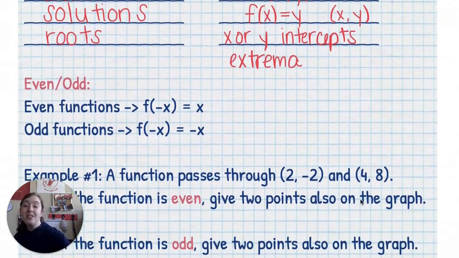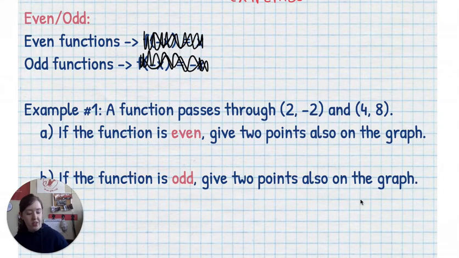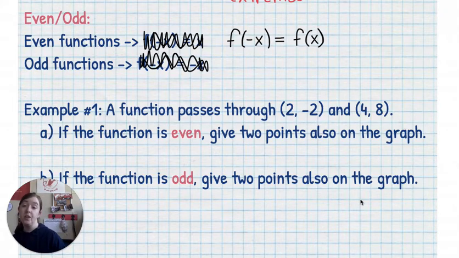Okay, so here's what we know about even and odd functions. And in fact, let me go ahead and scribble this out because I actually did not put that correct. And I'm sorry about that. Here's what we know. With even functions, when we plug in the opposite of x, we end up with the same function. So here's what that means. Down here we have a function that passes through (2, -2) and (4, 8). So if I plug in the opposite of x, I'm still going to get the same y out.